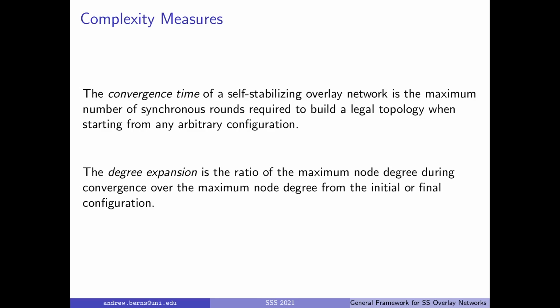And we're also interested in the degree expansion, which is a measure of the space complexity. Informally, it's basically how many edges our algorithm added that didn't need to be there. A little more formally, it's the ratio of the maximum node degree during convergence over the maximum node degree from the initial or final configuration.